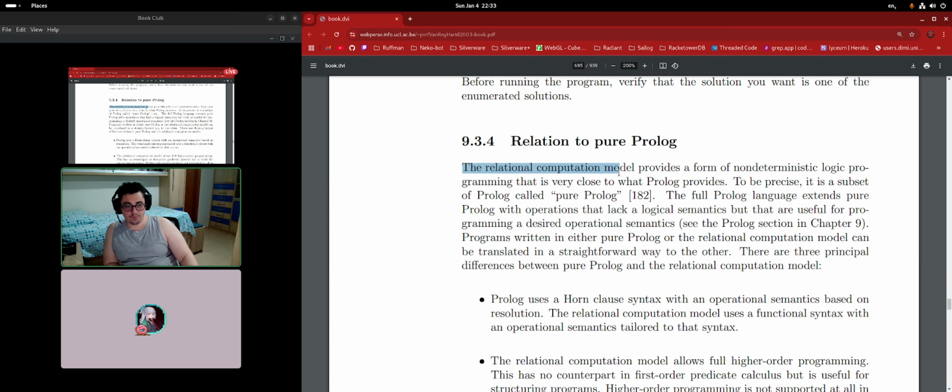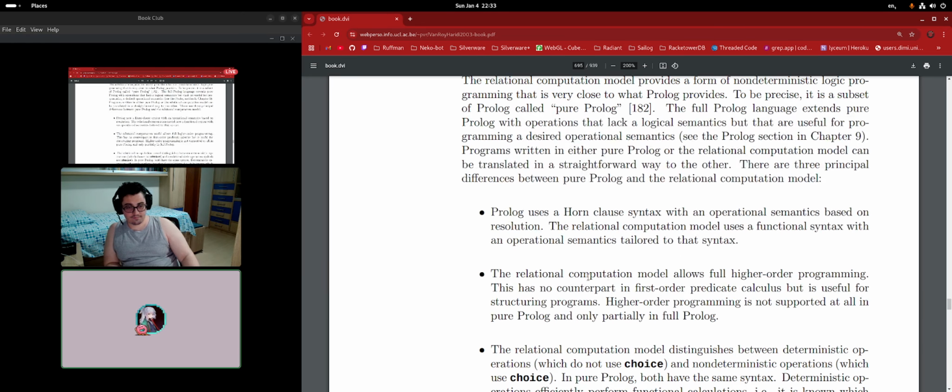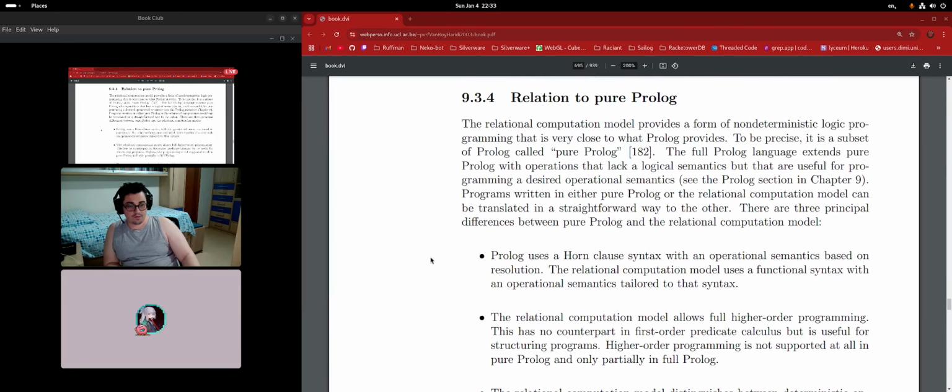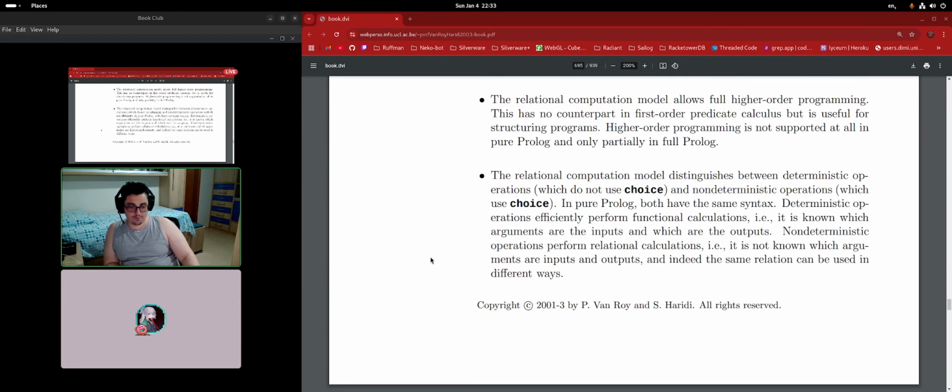The relational computation model doesn't say the implementation. Well, this is talking specifically about the computation model that we are introducing in this chapter. Oh, okay, so I got too excited for no reason.